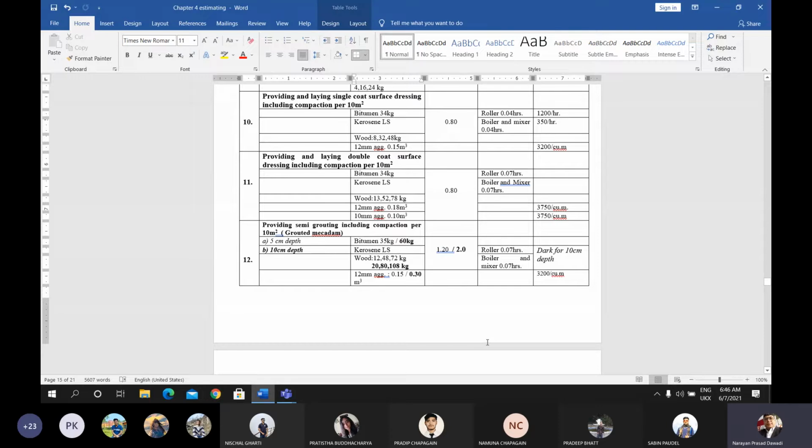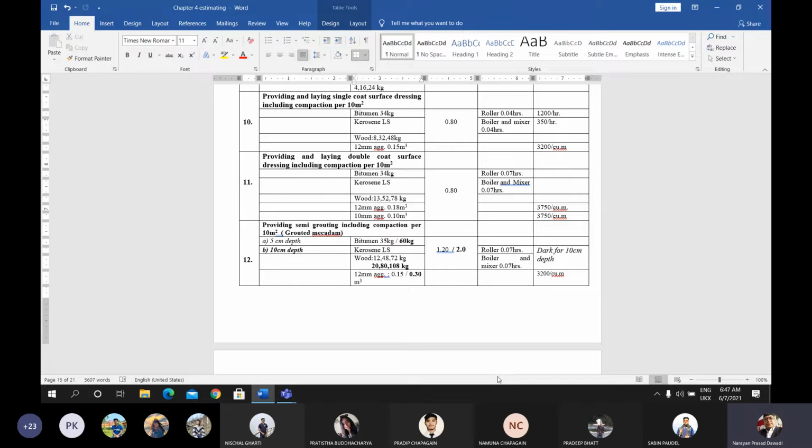Between them, 35 kg, which is faint, is for 5 centimeter depth, and 60 kg, which is bold, is for 10 centimeter depth. I have provided them in the same line for 5 centimeter and 10 centimeter respectively.